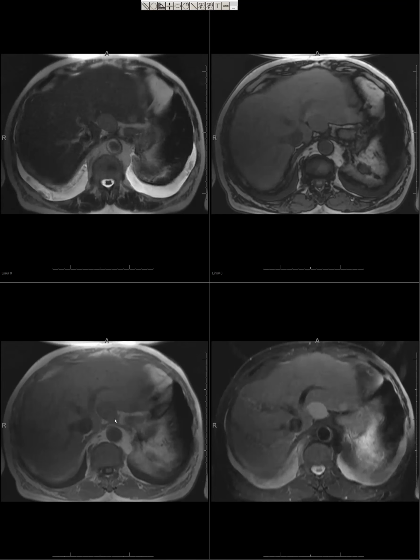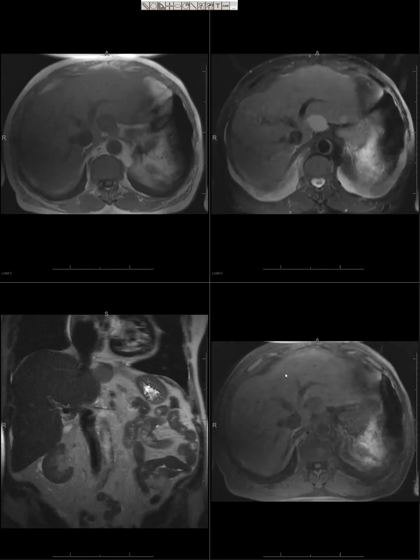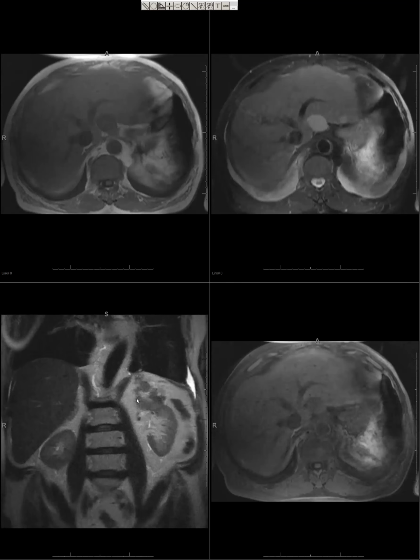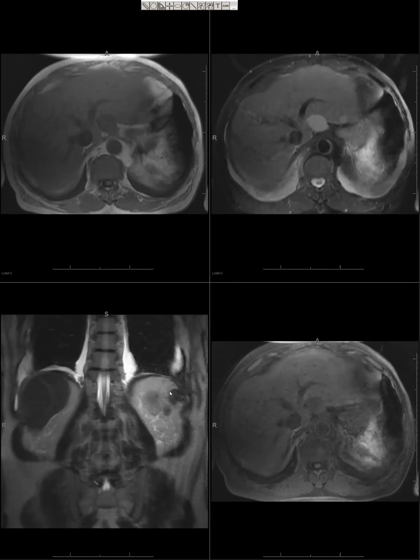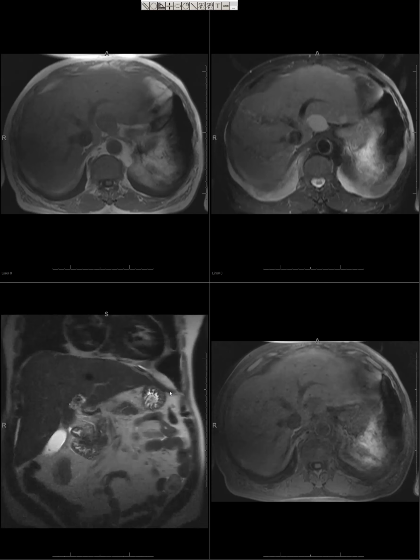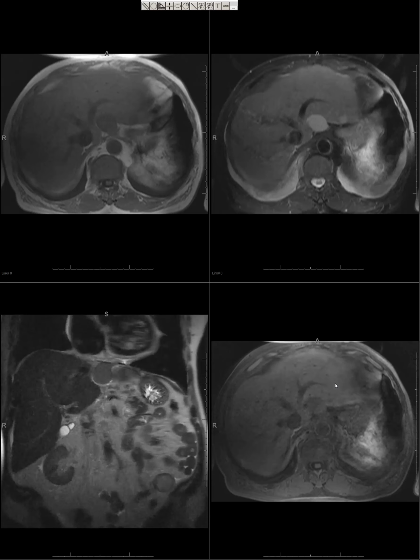This is out of phase, in phase. This is T2, a little bit more T2 bright with the fat sat. And then here it is in coronal. And of course, you're not putting together that there's this absent spleen until later on.